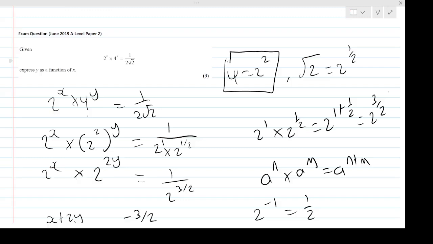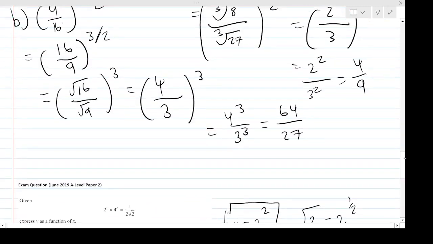If this was a bothersome, tricky question, that's just the level of index laws you'd be expected to use and the level of algebra you'd need for the exam. And it's a good question to put into practice the topic we've learned. It's really good, in my opinion, to get an actual exam question to make sure you are exam ready and you really know the topic in sufficient detail.